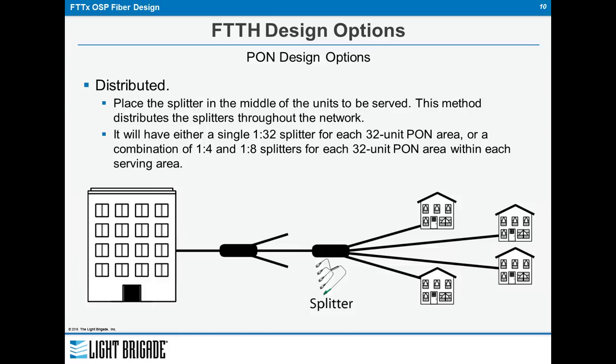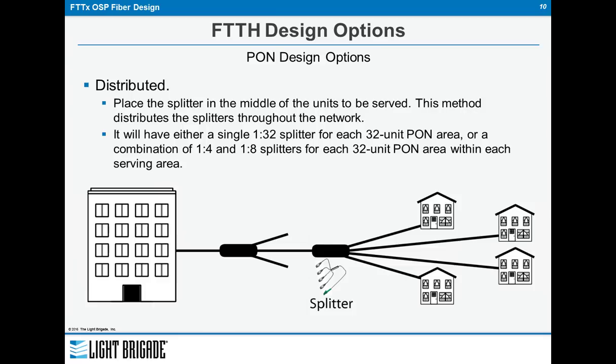There are several different options in terms of where those splitters could be placed. And you don't necessarily need to maintain a single individual 1x32 splitter. You can have combinations of splitters, a 1 by 4, which then feeds four 1 by 8, which mathematically is the equivalent of 32 splits.